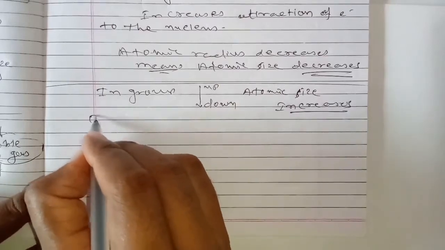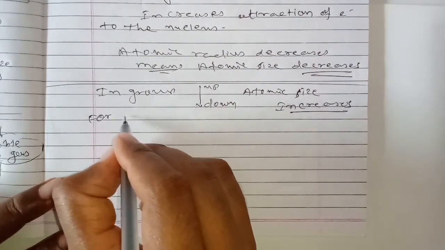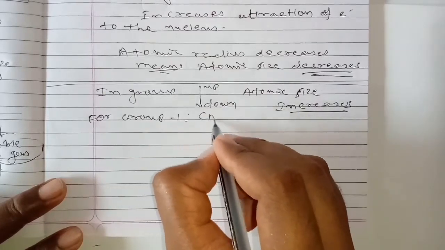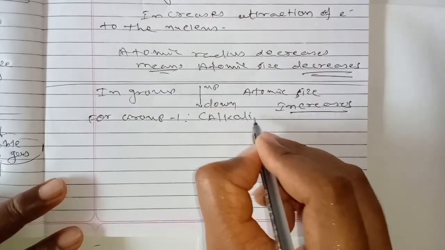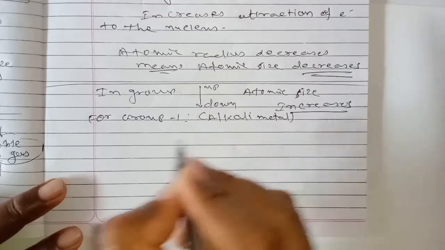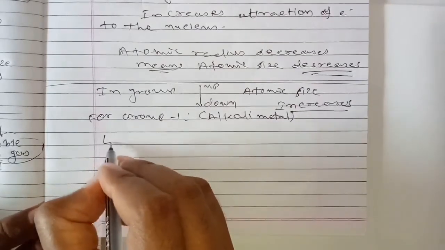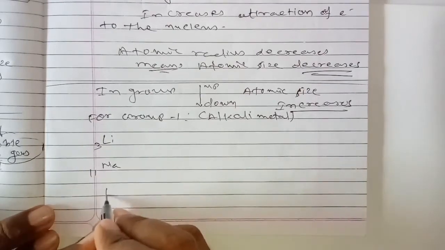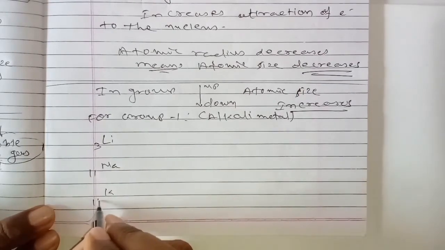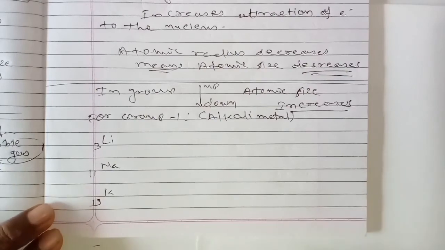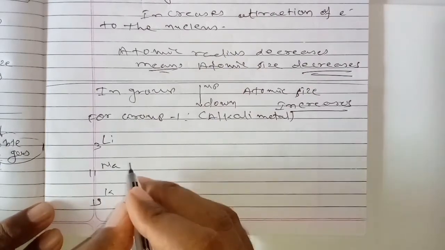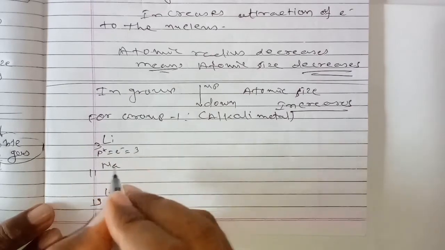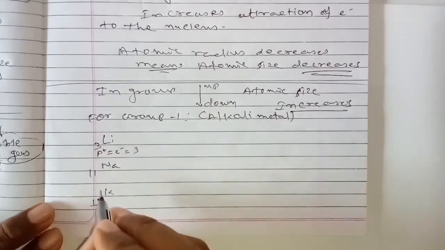For example, group 1, whose elements are known as alkali metals: lithium, sodium, potassium, rubidium, cesium, etc. Here the number of protons and electrons are the same as the atomic number.